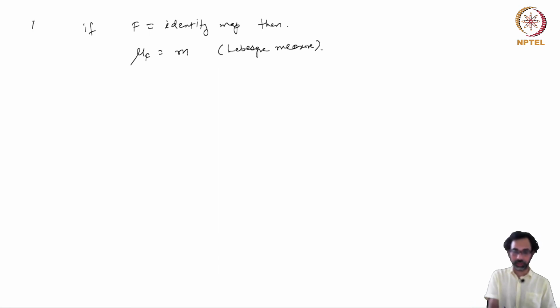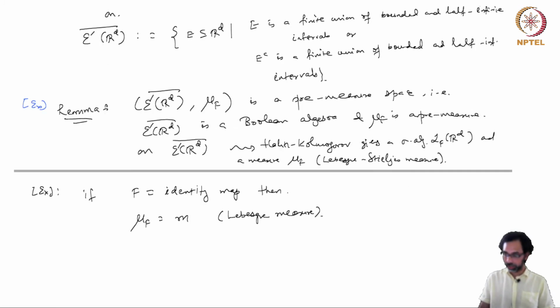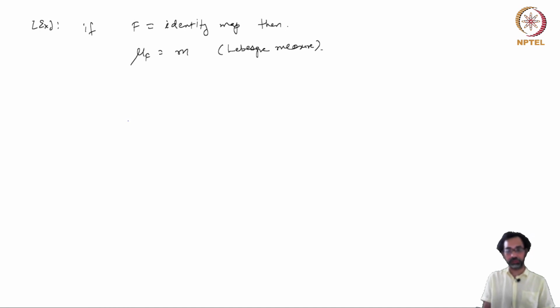So all these are exercises for you to check that. First, the lemma says that this is a Boolean algebra and a pre-measure, and then the Hahn-Kolmogorov theorem gives you a Lebesgue-Stieltjes measure, and for the particular case of the identity map, this gives you the Lebesgue measure.